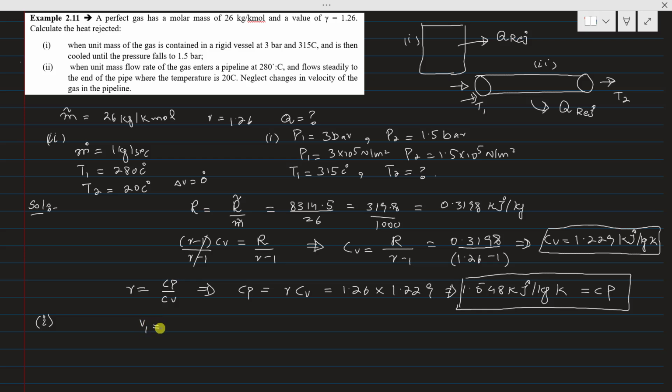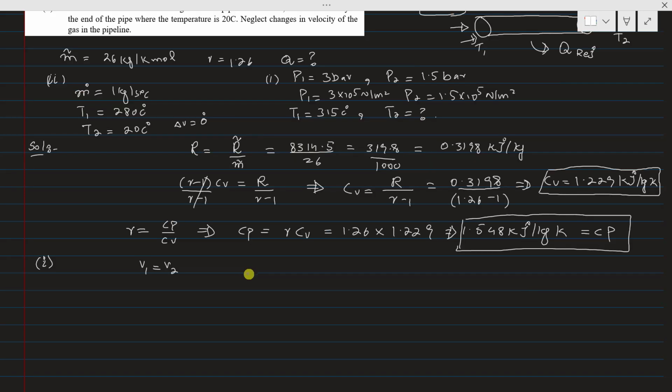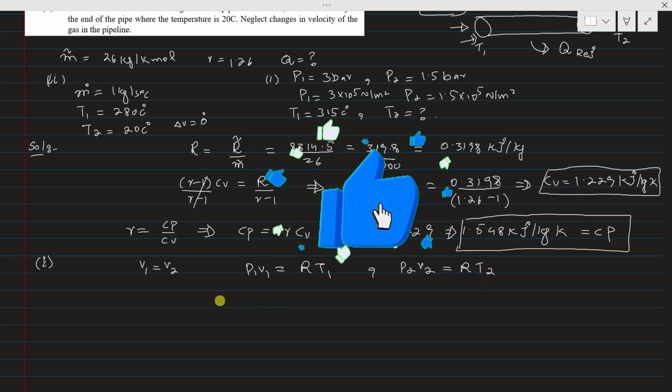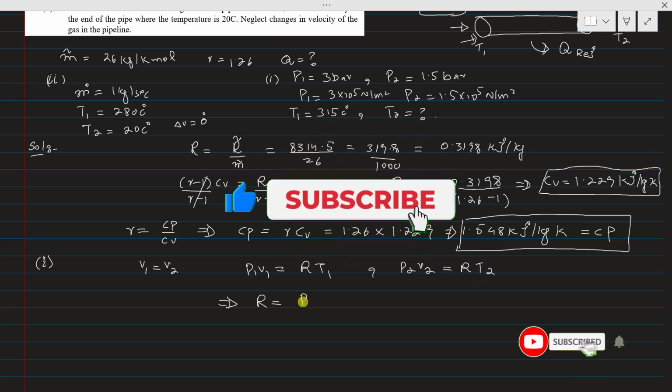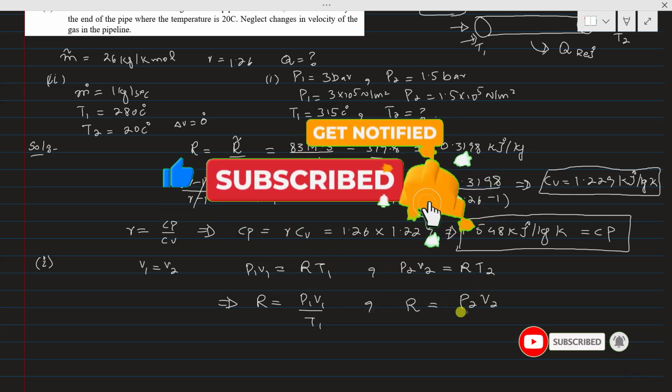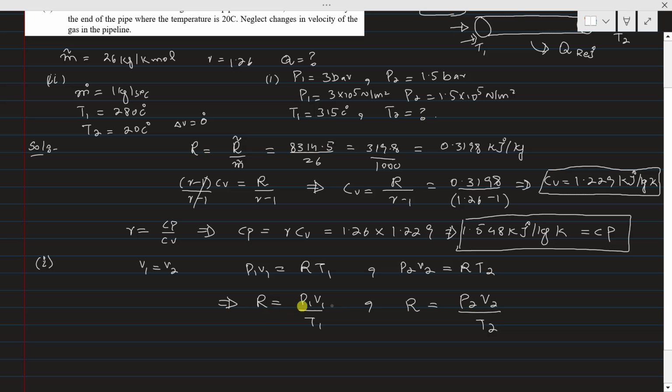For the heat rejection in the first case, the volume of the vessel is rigid, so it means that the volumes V1 and V2 are fixed and the same. You also know that P1 V1 is equal to R T1, and P2 V2 is equal to R T2. Both sides are R, so equations 1 and 2 must be equal.